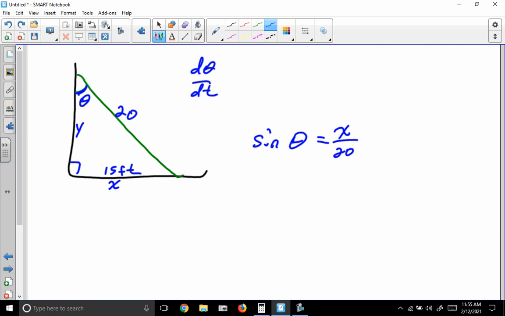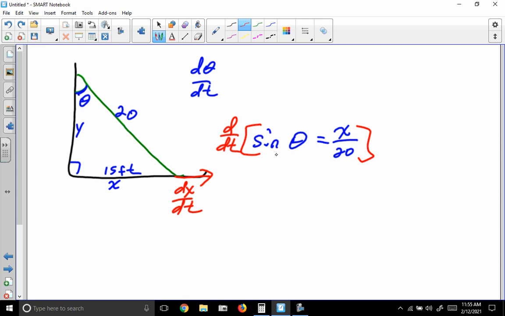So this relates x to theta. Now we can take the derivative with respect to t, and that should give us how this rate, dx/dt, is related to how fast theta is changing. Because as this slides down, this angle is going to be changing.